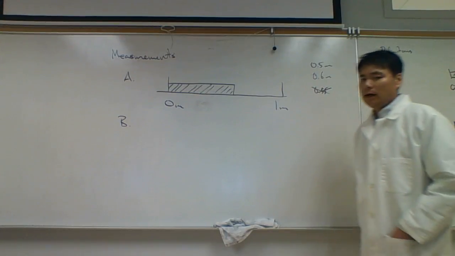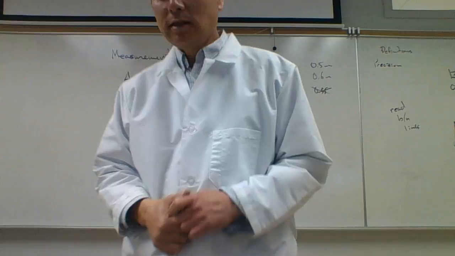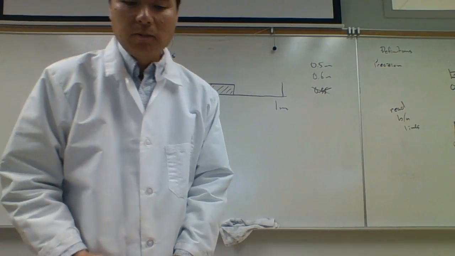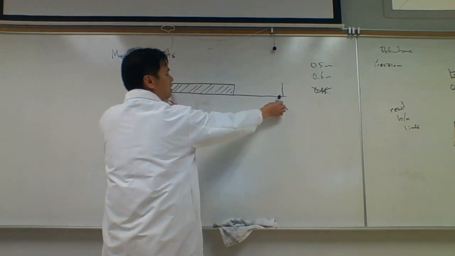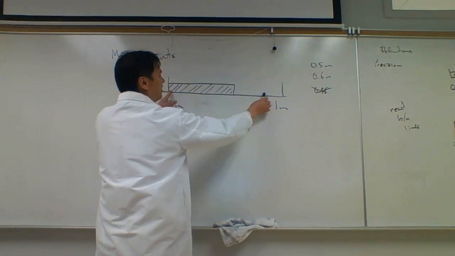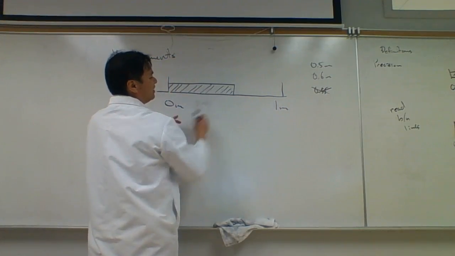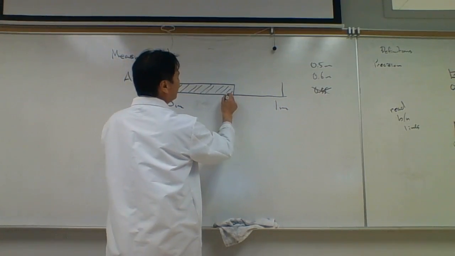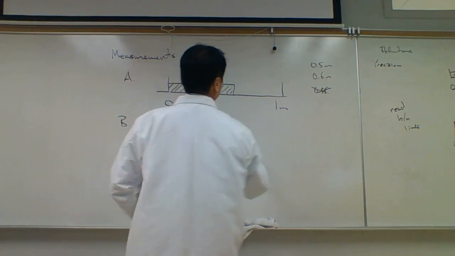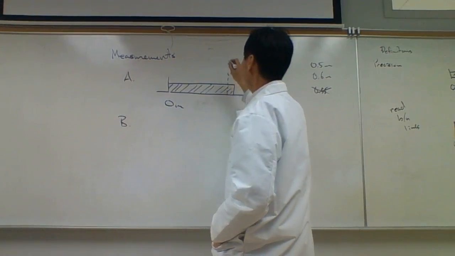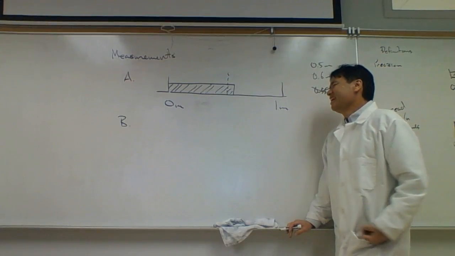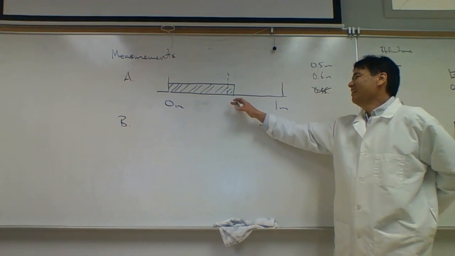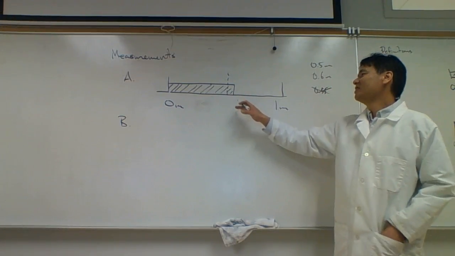And so for me, what I do here is I just go to the halfway mark. I just eyeball the halfway mark. And so the halfway mark is somewhere here. And then if you're eyeballing that, well, then you divide the space up. And so we're guessing.